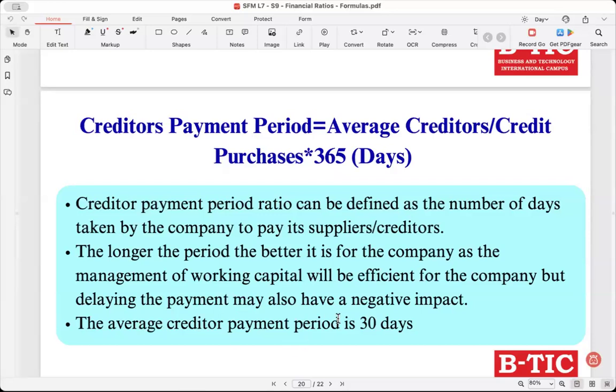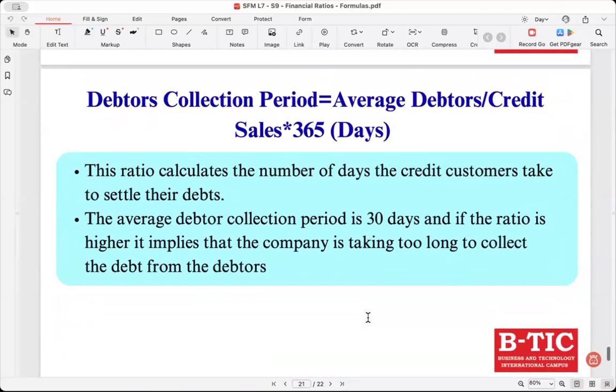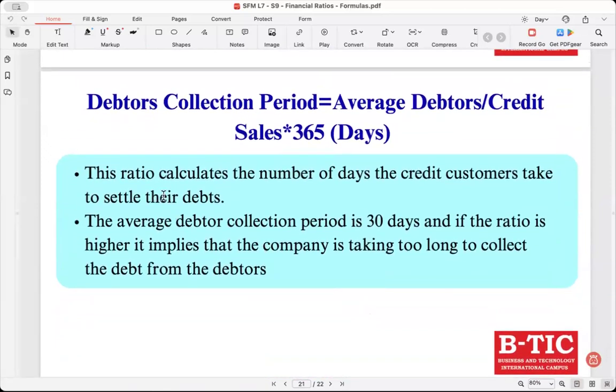So the average creditor payment period is 30 days. Next, we have debtors collection period. This ratio calculates the number of days the credit customers take to settle their debts. Again, the average debt collection period is 30 days. If the ratio is higher, it implies that the company is taking too long to collect the debt from the debtors.